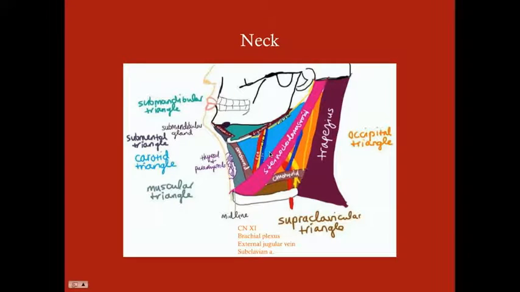So I would just make sure you at least know the anterior triangle and the posterior triangle for USMLE purposes. That should be good enough to get you by.